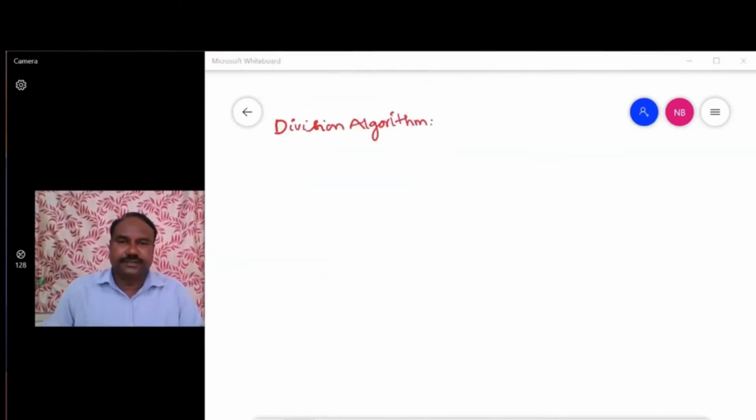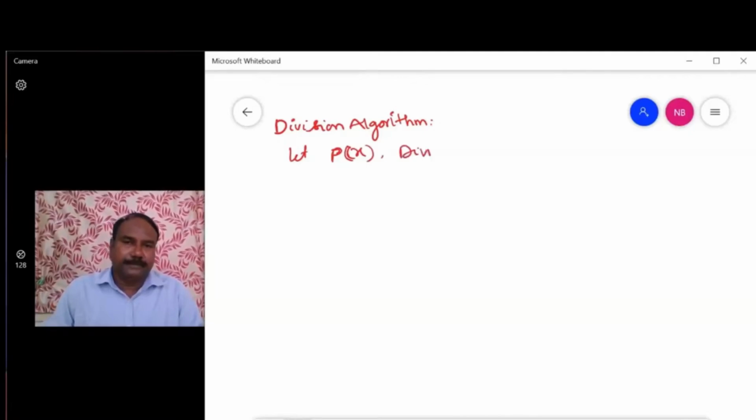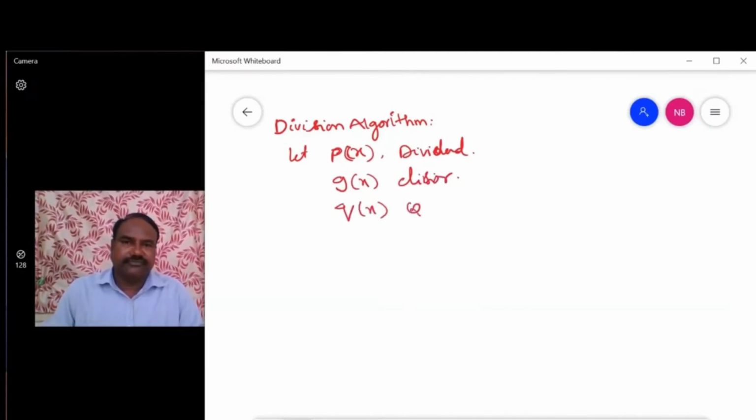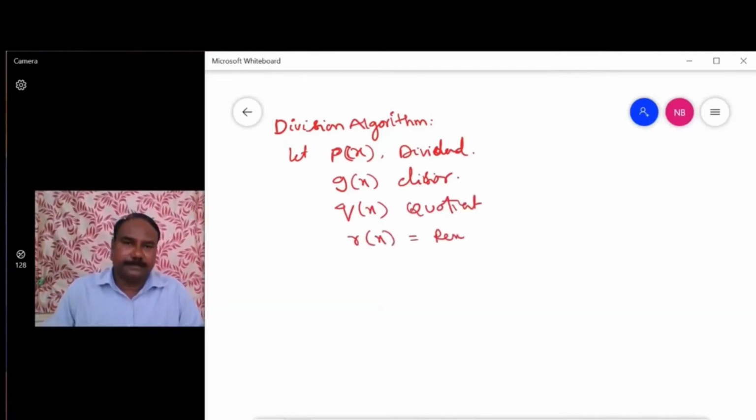For polynomials, let p of x be your dividend, g of x be the divisor, q of x be the quotient, and r of x be the remainder.